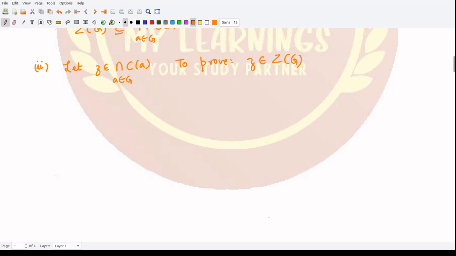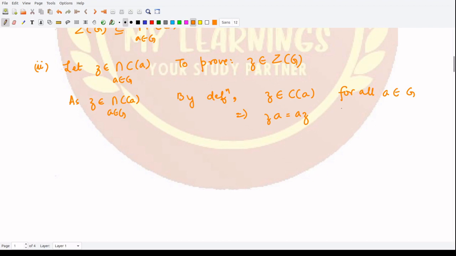So for this part, we have assumed that Z is a part of the intersection of C of A. By definition, it would mean that Z would be contained in C of A for all A, right? Then only it would be there in the intersection. If that is the case, Z would commute with A, so ZA would be equal to AZ, and this would be true for all A belonging to G.